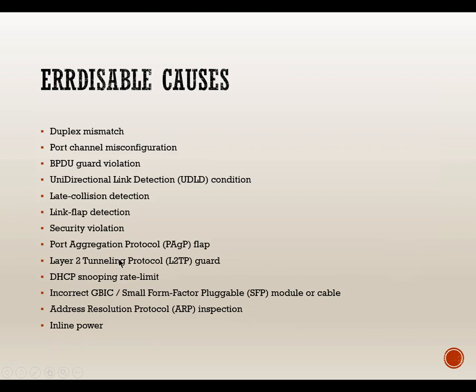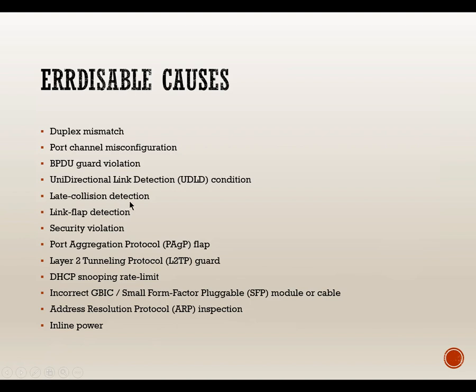The error-disable state has a whole litany of causes: duplex mismatch, port channel, BPDU guard, a number of things that we haven't talked about. Late collision detection, link flap. Security violation is one of the multitude of problems that can cause an error-disabled state.